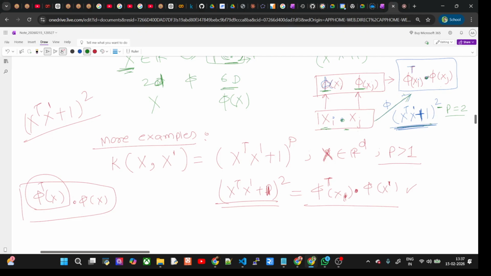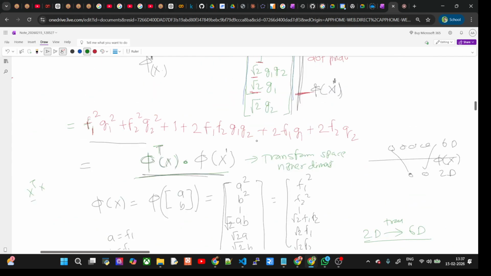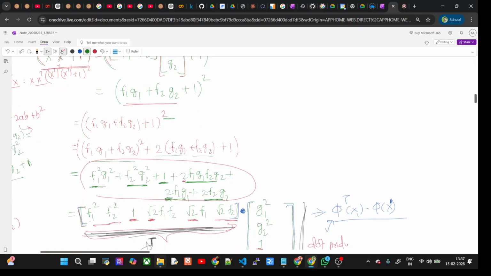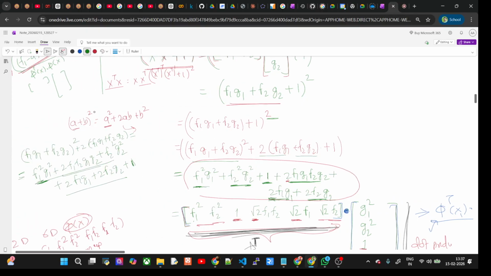If I consider p equal to 3, you need to do the same calculation. Here, for 2, I used the equation (a plus b) whole square equals a square plus 2ab plus b square. If it is a cube, then you have to use the same approach: (a plus b) raised to cube is a cube plus 3 a square b plus 3 a b square plus b cube.